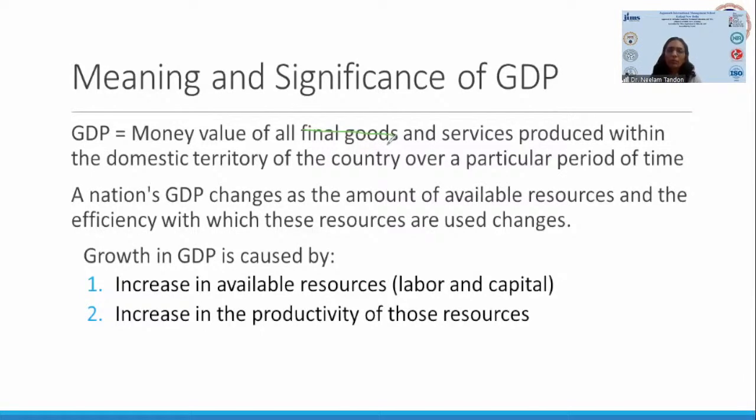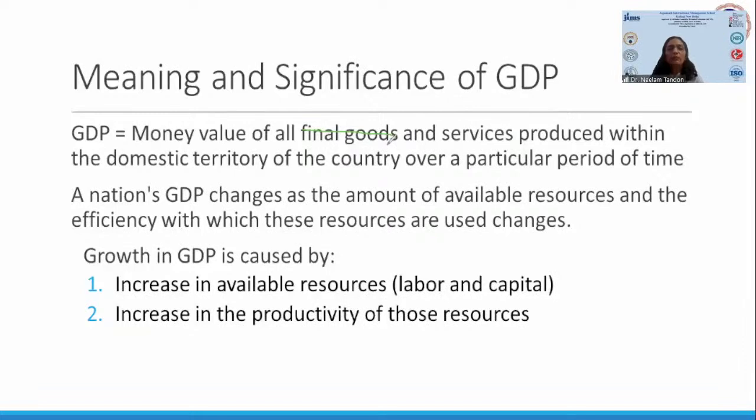So to have a common unit, we calculate in terms of money value of all final goods and services produced within the domestic territory of a country within a year. Why is it written a particular period of time? You can calculate quarter-wise also, you can calculate yearly, you can calculate on a half-yearly basis also. So what is GDP?